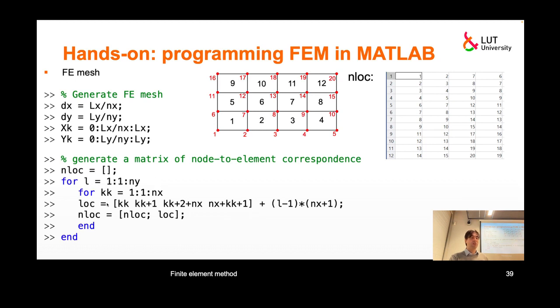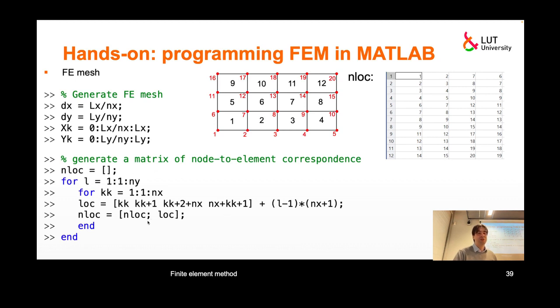And how do I generate it? I used a little bit of a funny way to do it here. It's computationally not very effective because the size of your array changes on each loop iteration, which is generally not very good with respect to computational efficiency of your code, but I think it's more intuitive in this way.